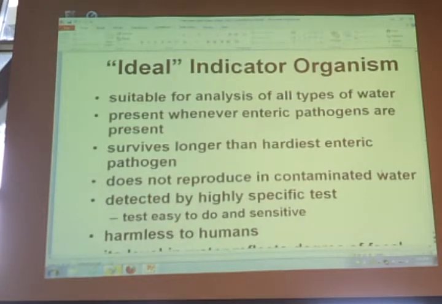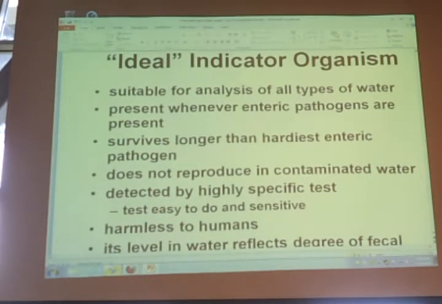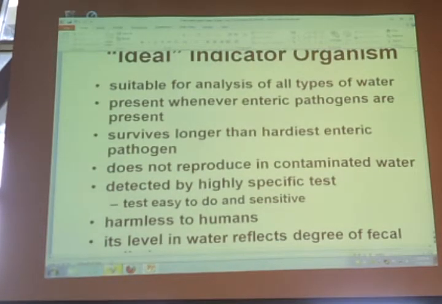Again, we're talking about something ideal. We want it to be detected in a specific test where we're just getting that particular organism. So something that's easy and sensitive, so that we are just getting the coliform and not finding all these other organisms and thinking they're coliforms. Does that make sense?